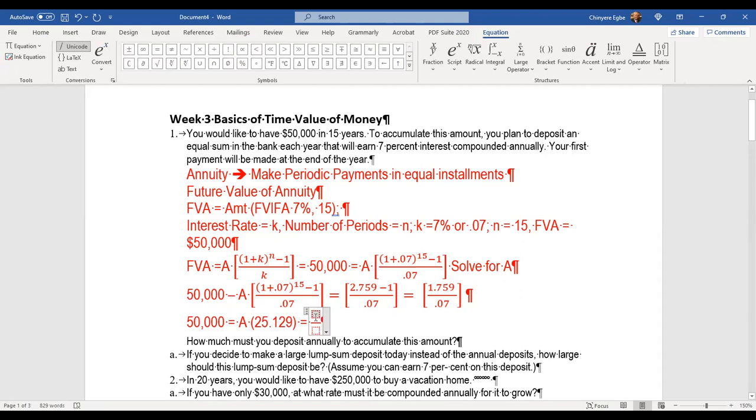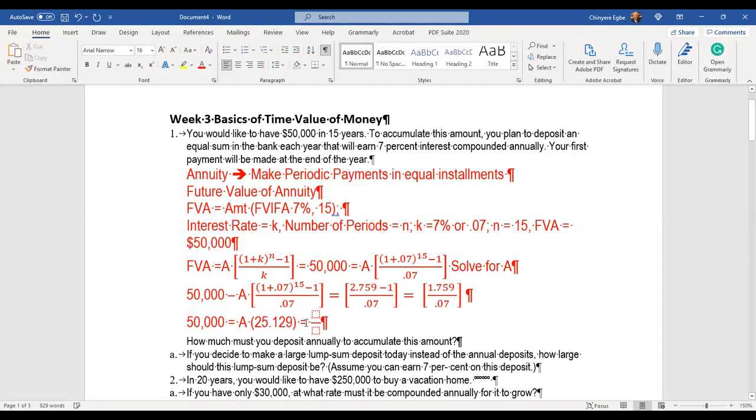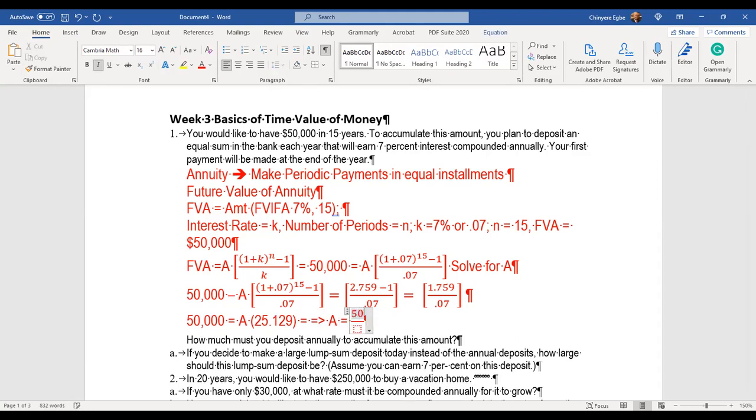1989.73. Correct. So A is equal to 50,000 over 25.129, which gives us 1989.73.